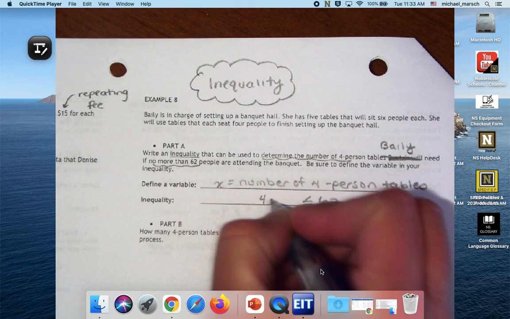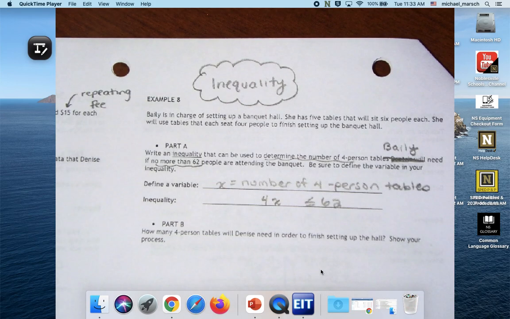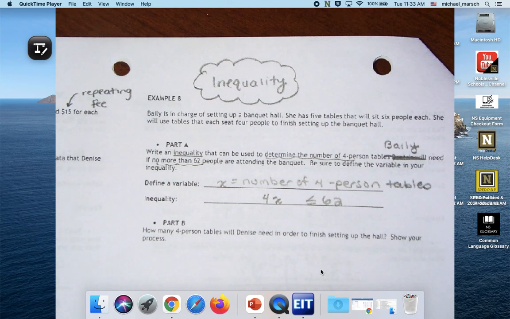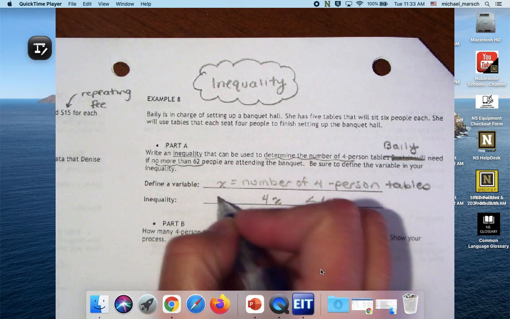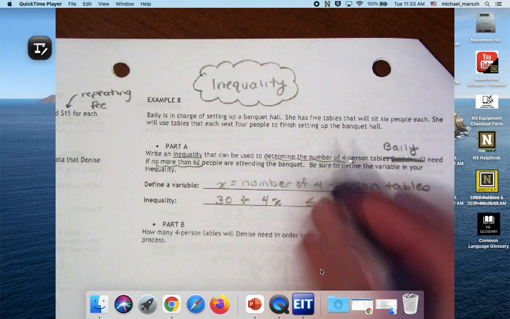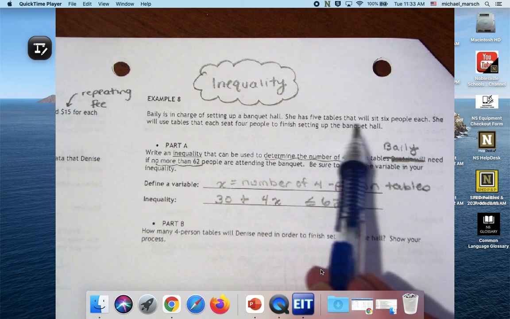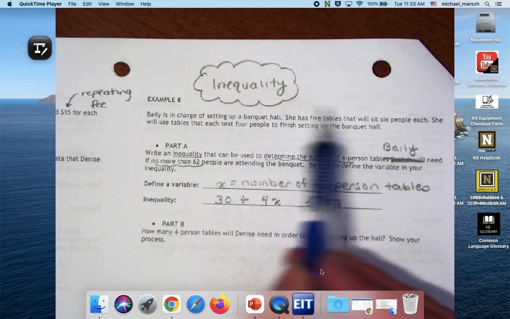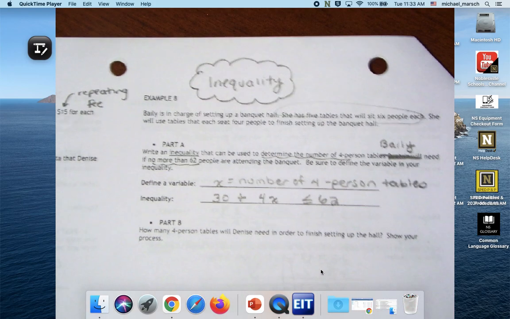We know there's 4 people per table. What about the other tables she's already using? That's 30. How did you get 30? 5 times 6. 5 tables, 6 people each. She already has that taken care of.